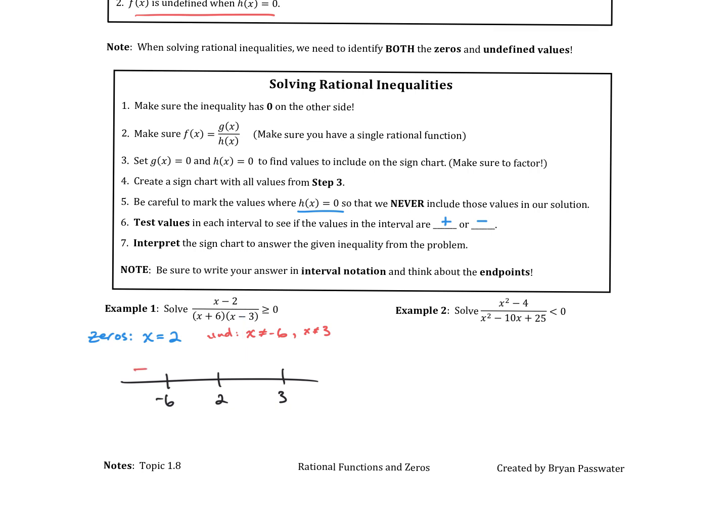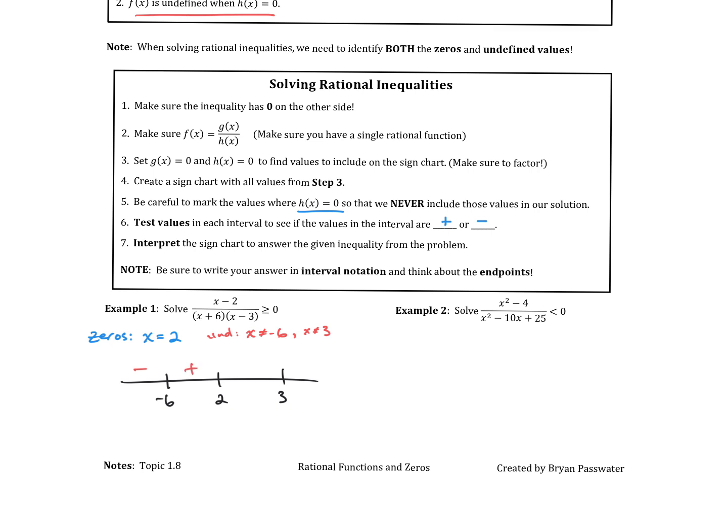Now let's test something between -6 and 2. I like 0, whenever I can use 0, I'm going to use it. Substituting in 0, I get a negative over a positive negative, which is a positive because it's a negative over a negative.